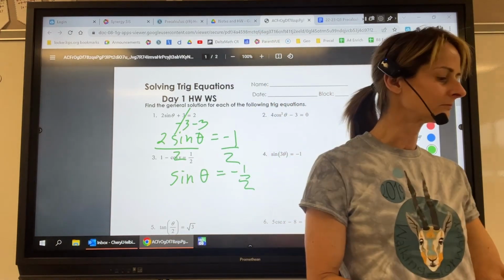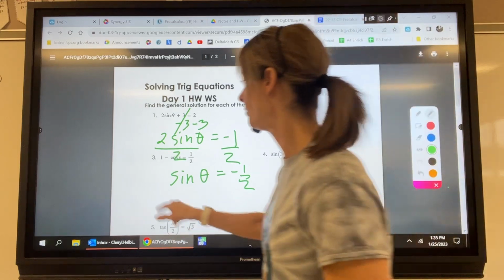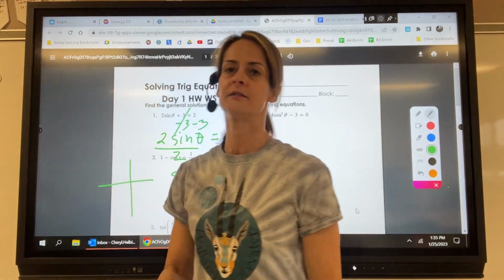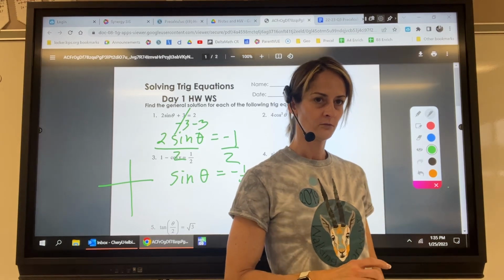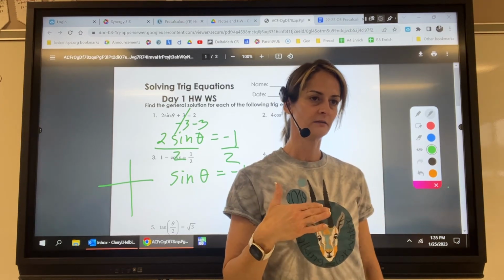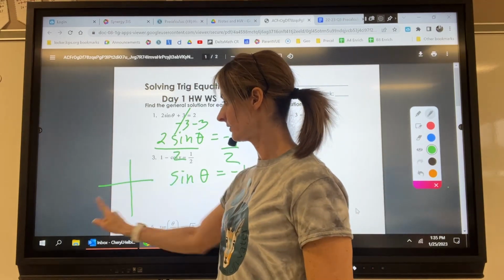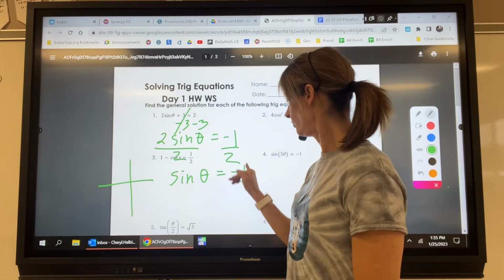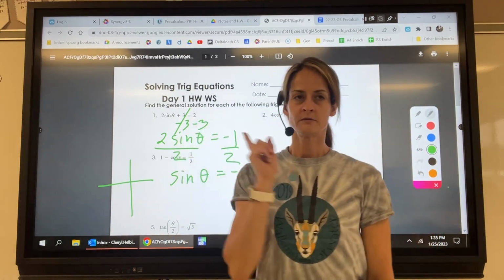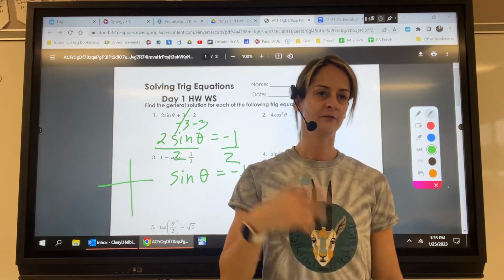Now, where does the sine of theta equal -1/2? Well, where is the sign negative? That's y. Which quadrants? Where's the sine or y negative? In which quadrants? 1, 2, 3, 4. 3 and 4, right? Down here. And we know that sine of what angles will equal 1/2 or -1/2?